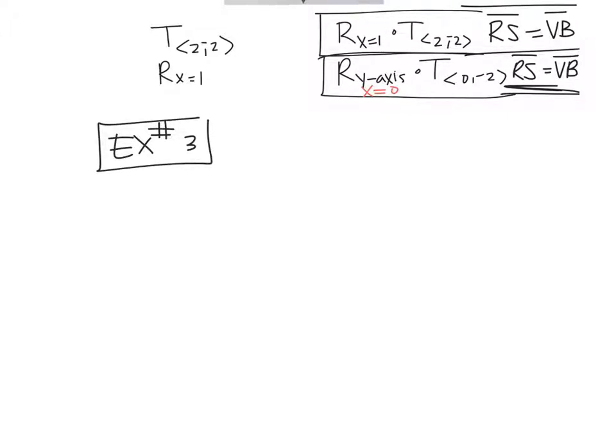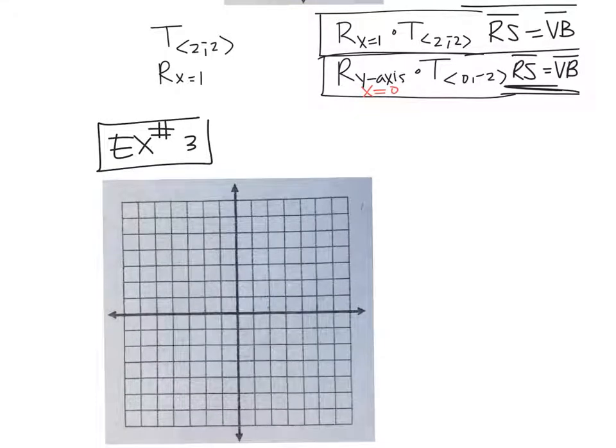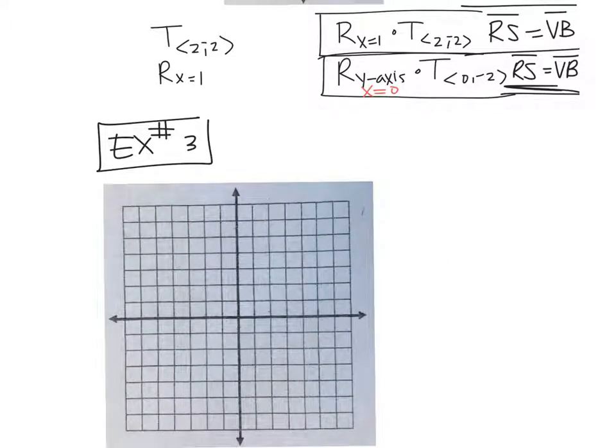If I give you, so point T is going to be 1, 2, 3, 4, 5, negative 5, 2. Okay, so that's point T at negative 5, 2. E is at negative 2, 4. And then W is at negative 1, 1.